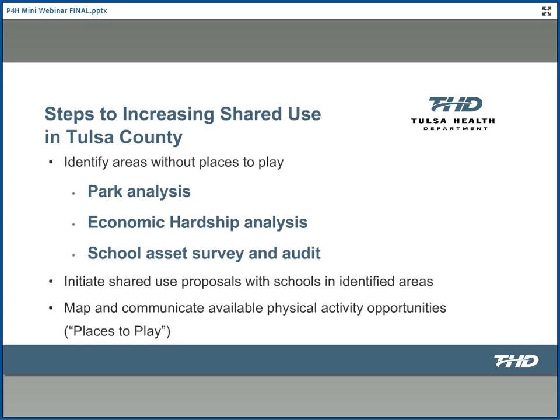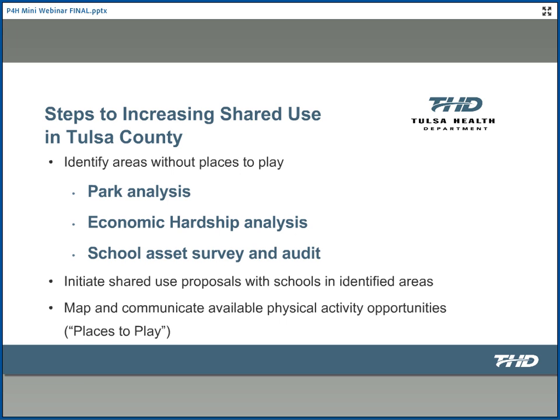And when I began working on shared use in Tulsa County with the 4 school districts that we've been working on, one of the first things that we needed to do was identify areas without places to play. Because the whole focus was to open up school playgrounds, areas for play, and we wanted to see where the greatest needs were.